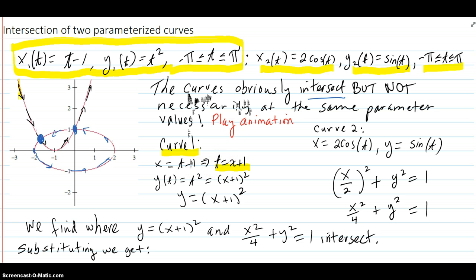Take this x plus 1 and stick it in there, and then you get y equals x plus 1 squared, which is what that parabola looks like.